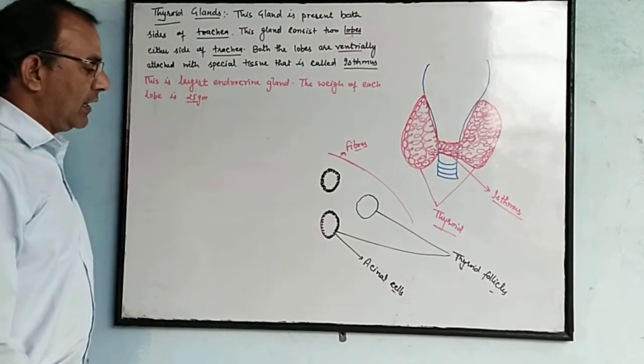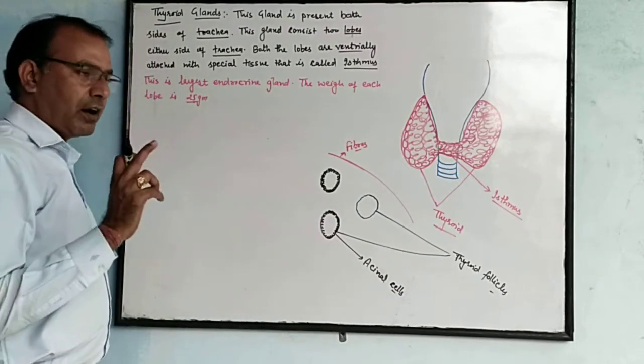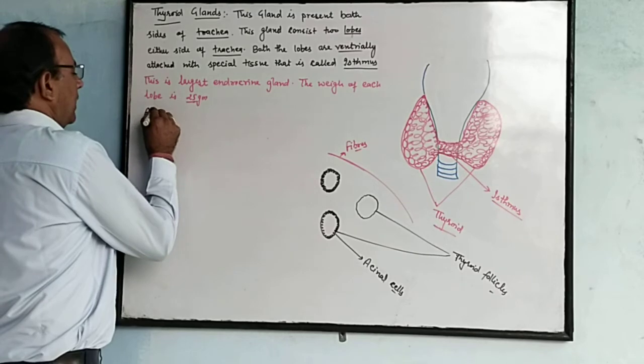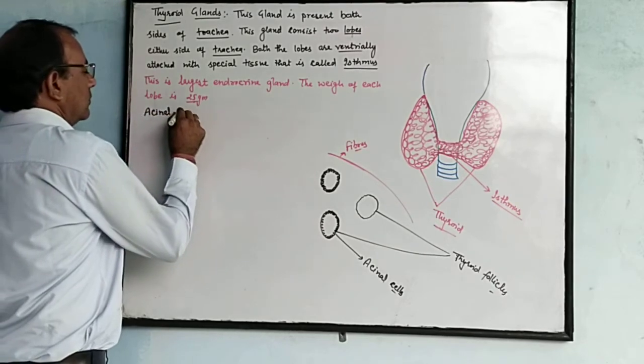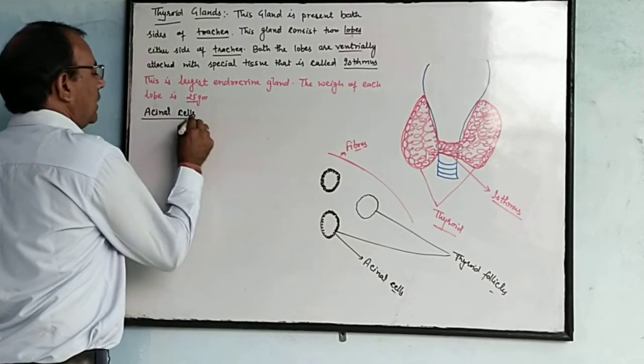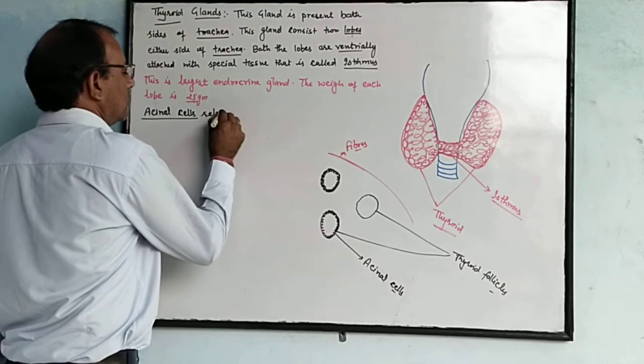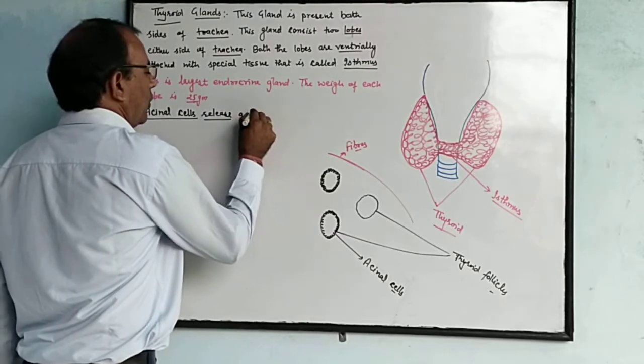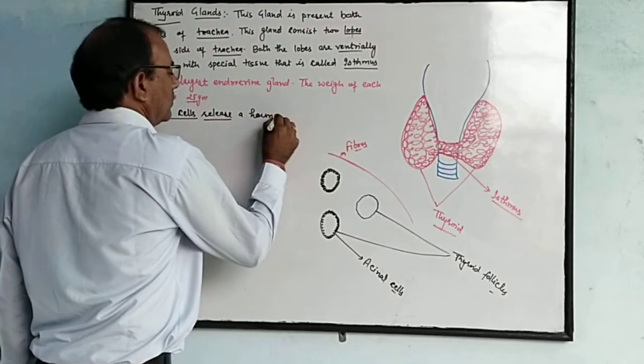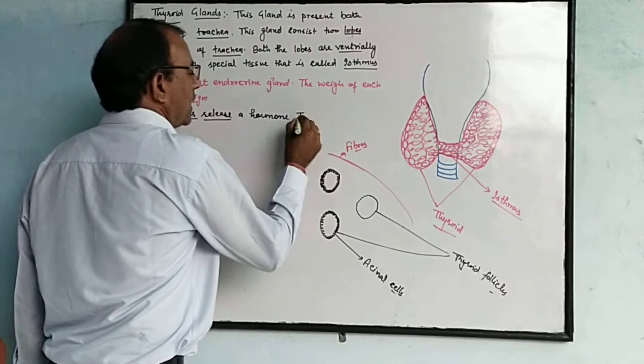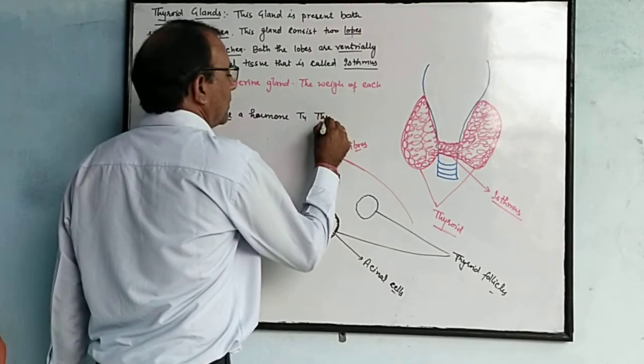These acinar cells release a hormone. T4 stands for thyroxine.